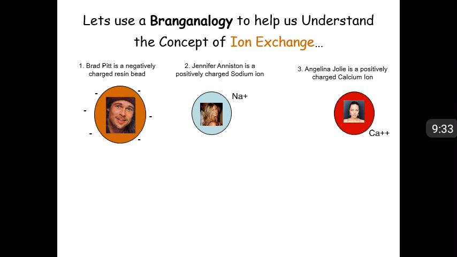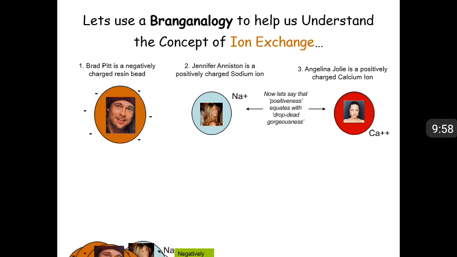Suppose Brad Pitt is a negatively charged ion, Jennifer Aniston is a positively charged sodium ion, and Angelina Jolie is a positively charged calcium ion. Now, the calcium ion is more positively charged and the sodium ion is less positively charged. So, let's say positiveness equates with gorgeousness.